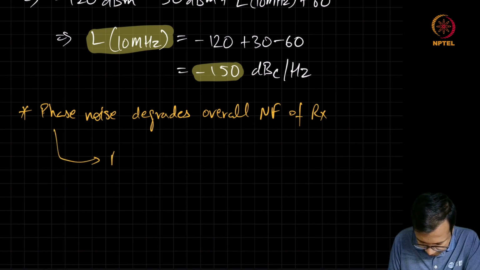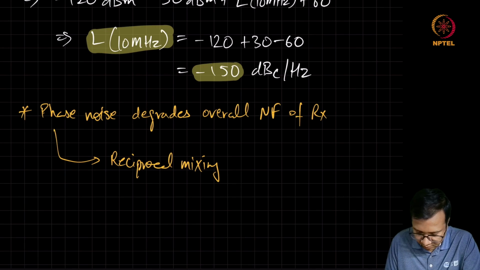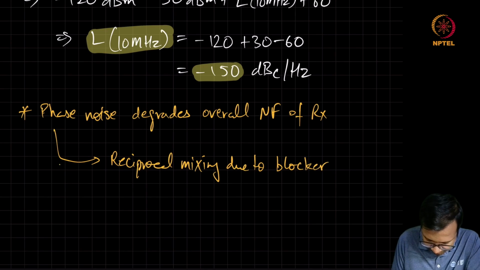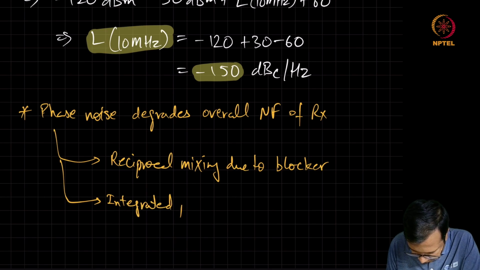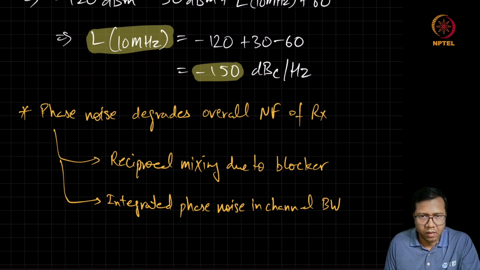One way is the reciprocal mixing due to the blocker. The second is just the integrated phase noise in the channel bandwidth, which can degrade the in-band SNR.